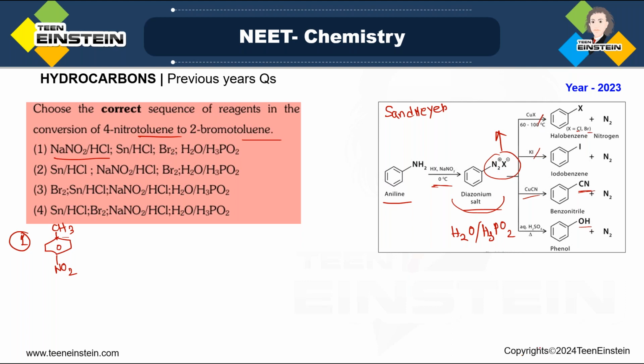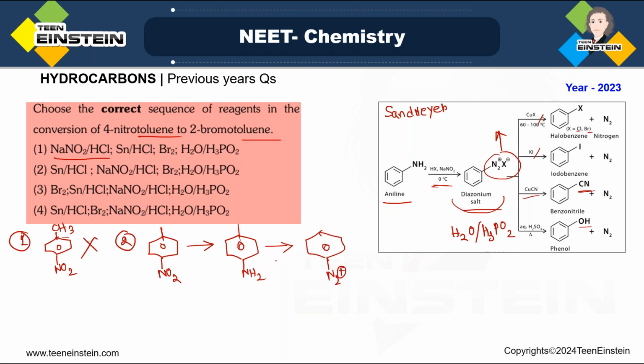So here, NaNO2/HCl, the first reagent, we cannot proceed, so we can cancel this. Now the second option: if you start from 4-nitrotoluene, first you are treating it with Sn/HCl. This is a reducing agent, so NO2 will be converted to NH2. Now the next reagent is the Sandmeyer reagent. Now what will happen? This part will be converted to N2+ Cl-. The next reagent is bromine.